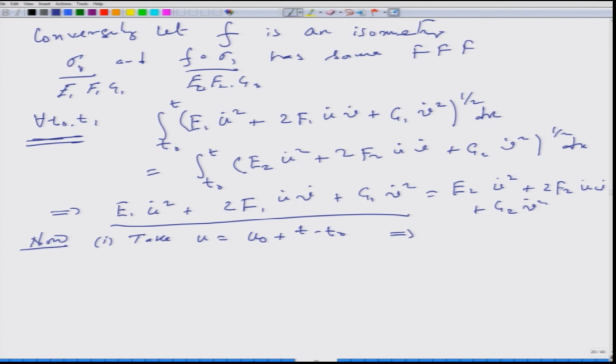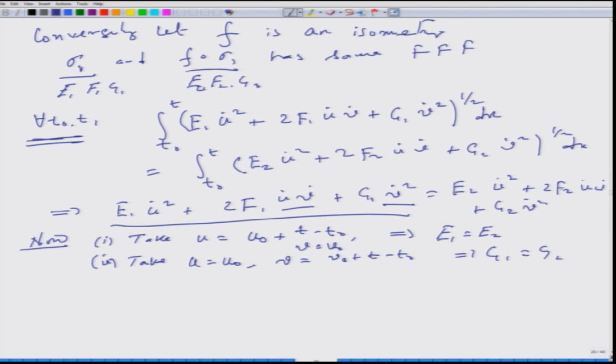If you do it, you will see the other terms vanish and that will give you E1 equal to E2. Similarly, take u equal to u naught and v equal to v naught plus t minus t naught, starting at some fixed point u naught, v naught. That will give you G1 equal to G2.